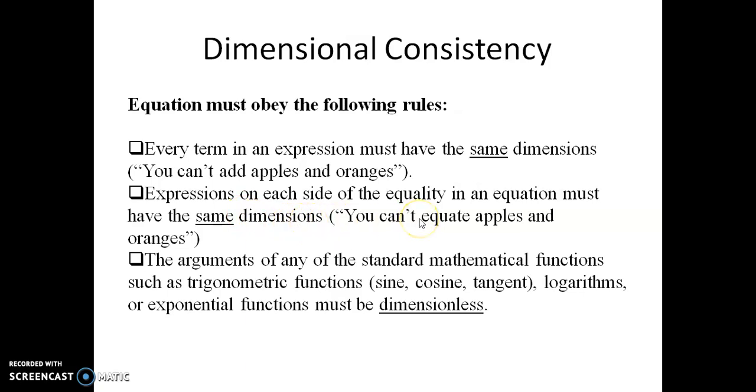You cannot equate apples and oranges. Third, the argument of any of the standard mathematical functions, such as trigonometric functions like sine, cosine, tangent, or logarithmic or exponential functions, must be dimensionless. So let's check some equations to see whether they are dimensionally consistent or not.